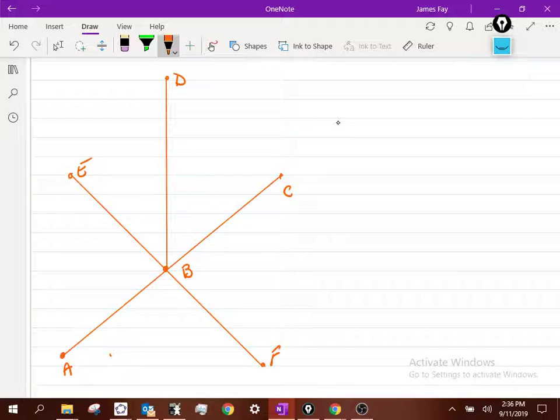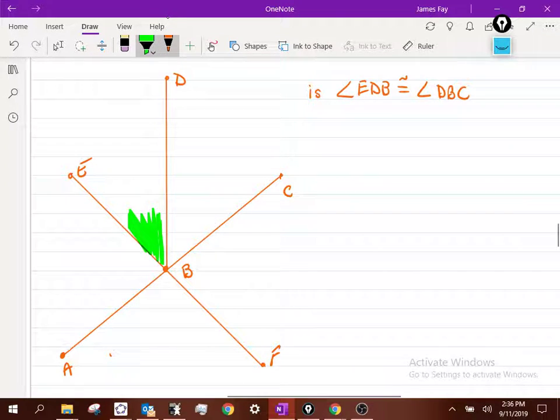Is the measure, let's not go measure, let's just go angle. Let's go angle EDB. Is it congruent to angle DBC? So right now we're looking at that green angle, that's EBD.